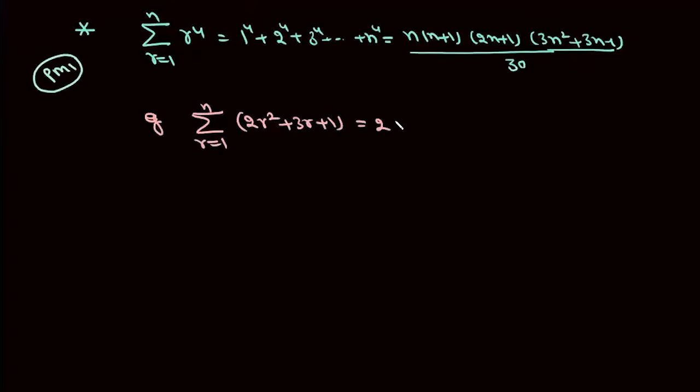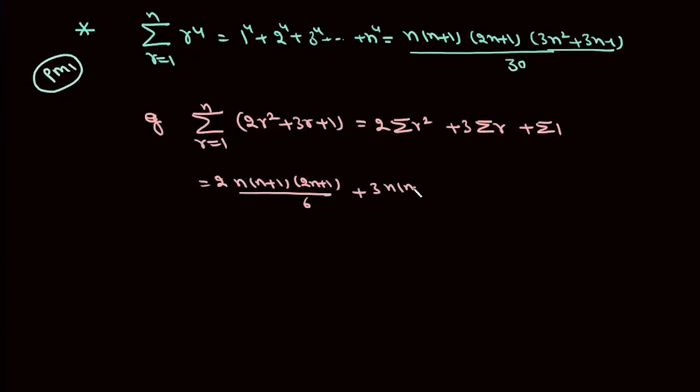So there'll be 2 into summation r square plus 3 into summation r plus summation 1. Now the formula for summation r square is n into n plus 1 into 2n plus 1 by 6. The formula for summation r is n into n plus 1 by 2, and then summation 1 will be simply n.